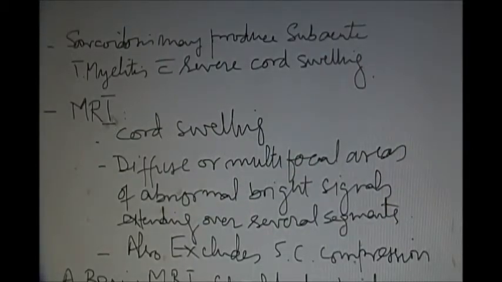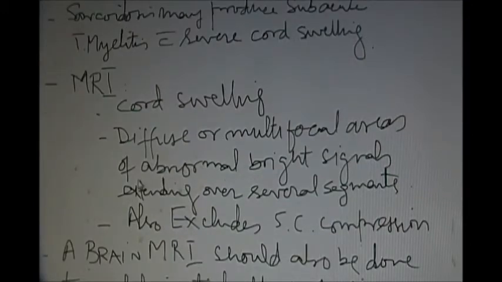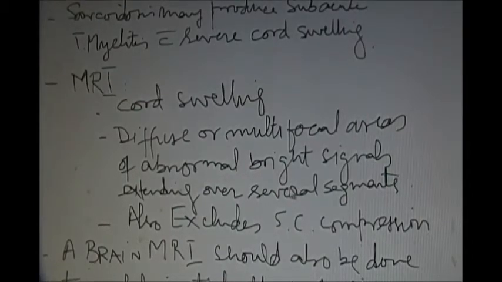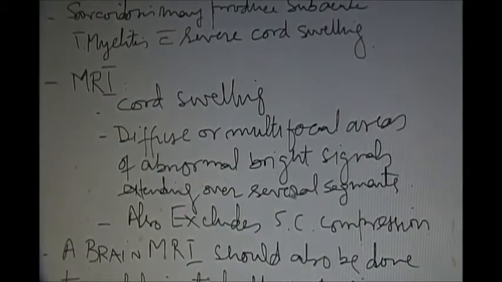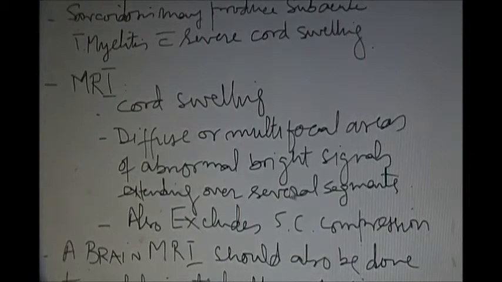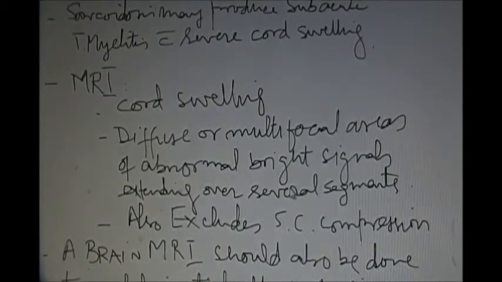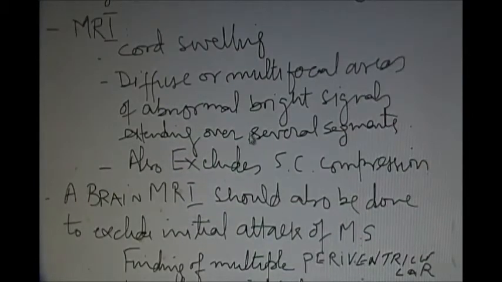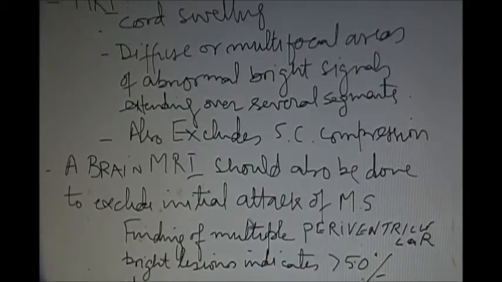The investigation: MRI shows cord swelling, diffuse or multifocal areas of abnormal bright signals extending over several segments. This is very important: cord swelling with bright signals on MRI over several segments. The MRI also excludes spinal cord compression. A brain MRI should also be done to exclude the initial attack of multiple sclerosis.